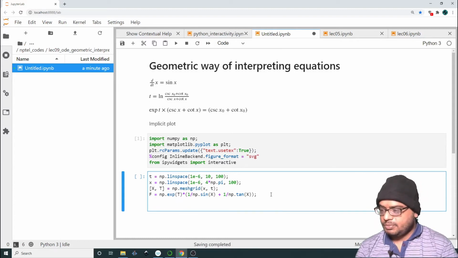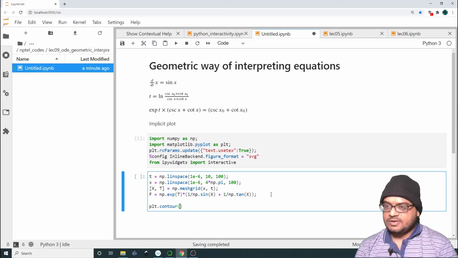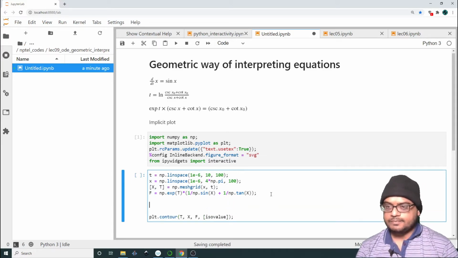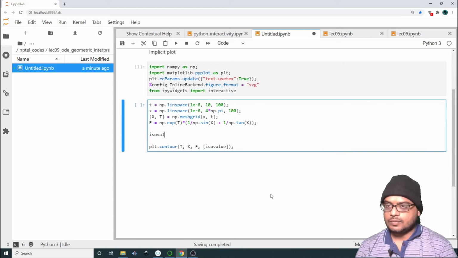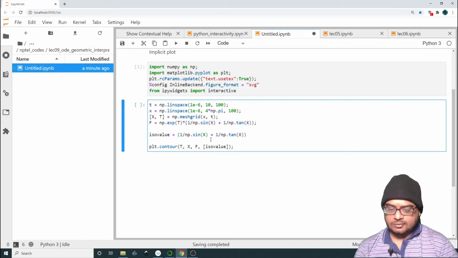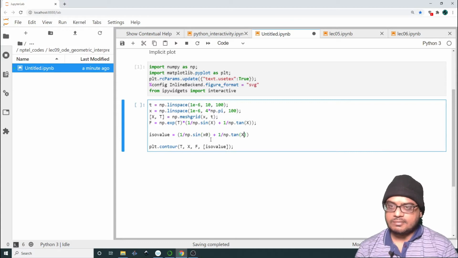So I will do plt.contour, and I will say time on the x-axis, x on the y-axis, f, and here I would define the iso value. So iso value is a variable which I will define over here, and this will be equal to this particular thing, but instead of x we will have x naught, so something like this.